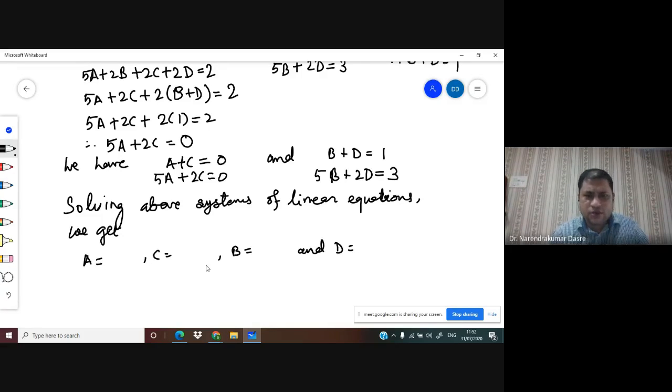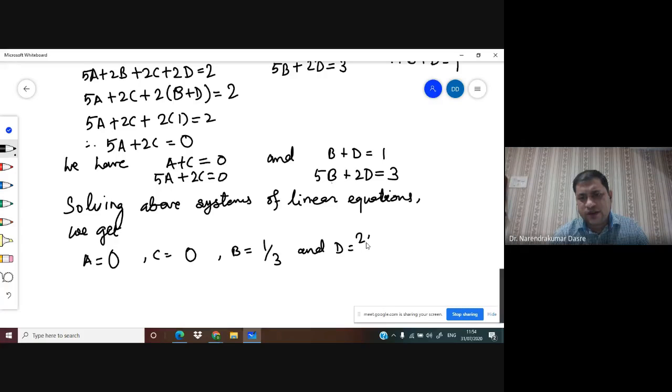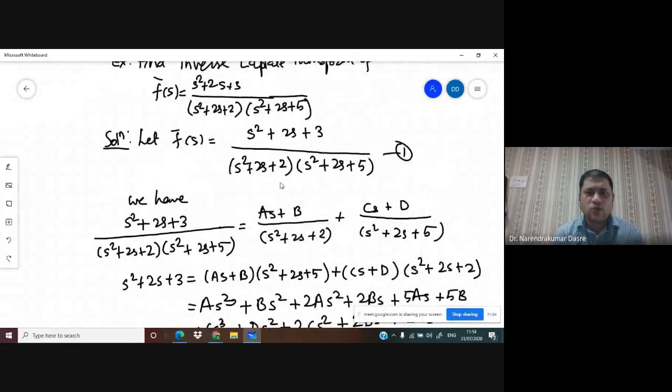So please calculate these values and tell me what you will get. So I get A is equal to 0, C is equal to 0, B is 1 by 3 and D is 2 by 3. Okay, that's good.